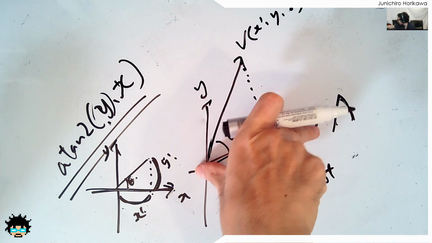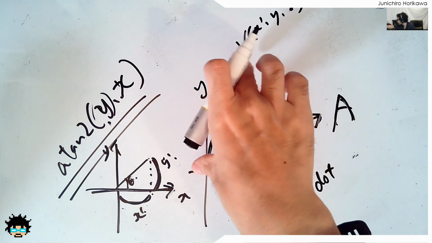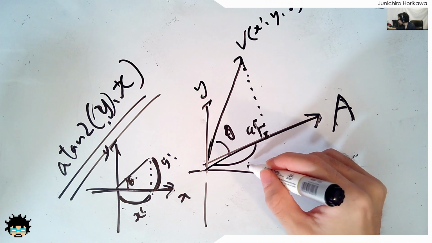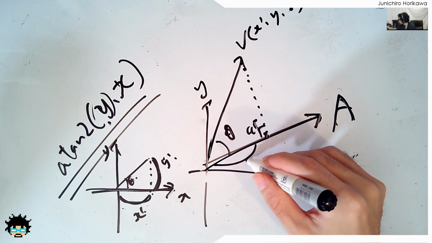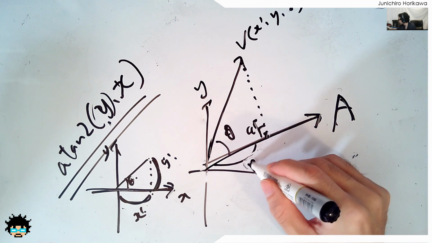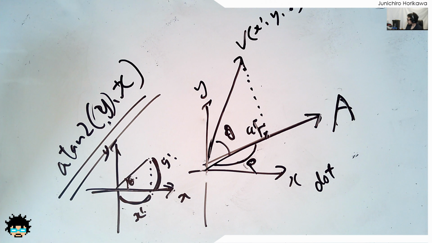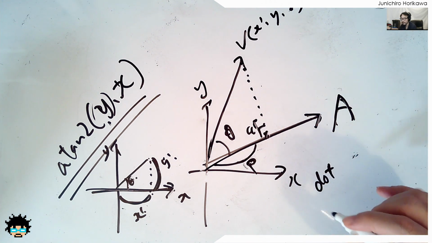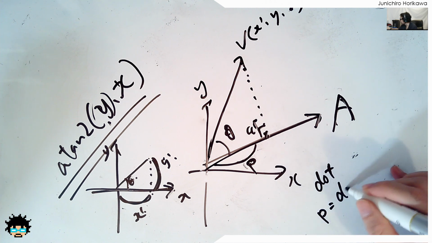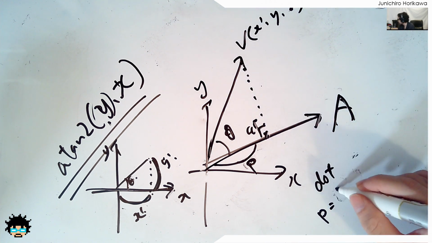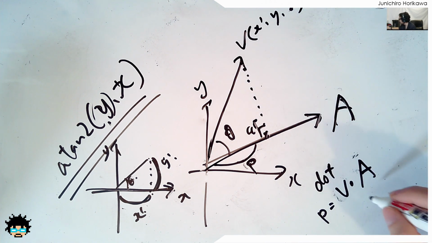Using dot product, let's say the axis is normalized and you want to know the length of this side here, let's call this P, the projected length. This P can be calculated by B dot A, and A is normalized, so its length is equal to 1.